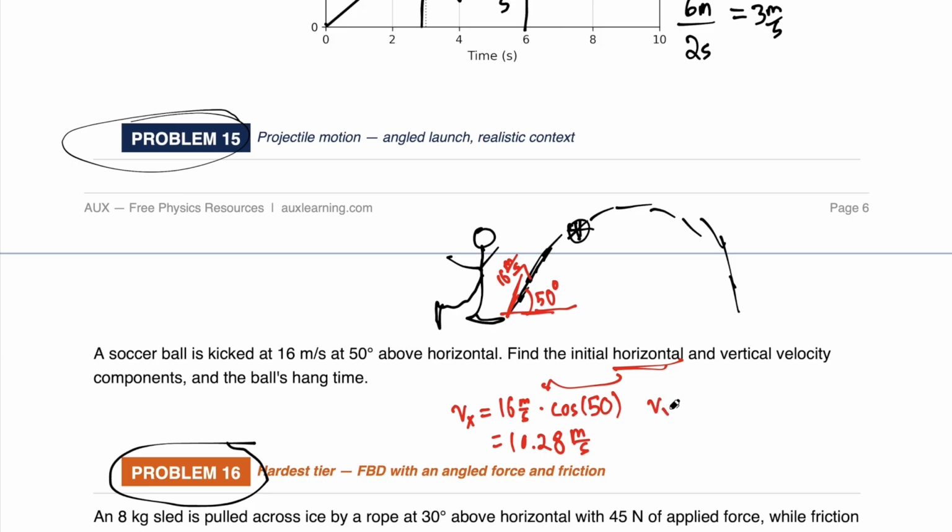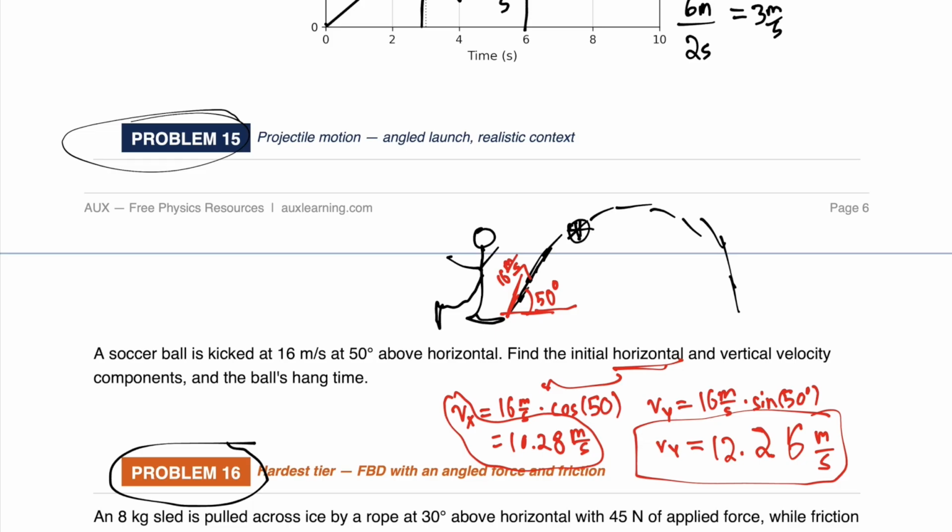Velocity y is 16 meters per second times sine of 50 degrees. Now I type in sine of 50, and I'll approximate it to 12.26 meters per second. So those are your components.